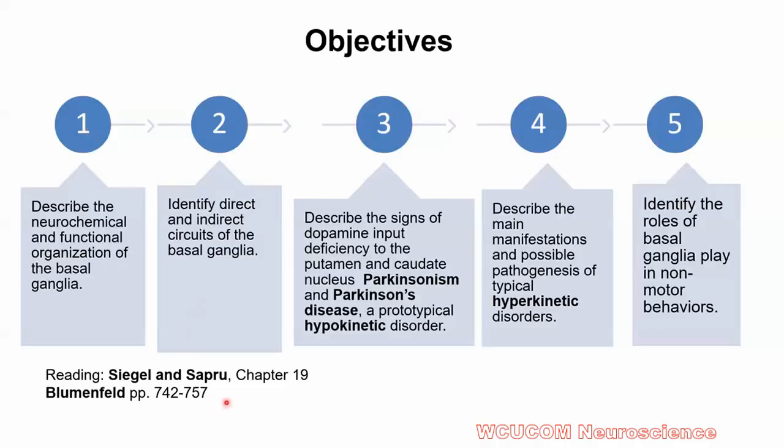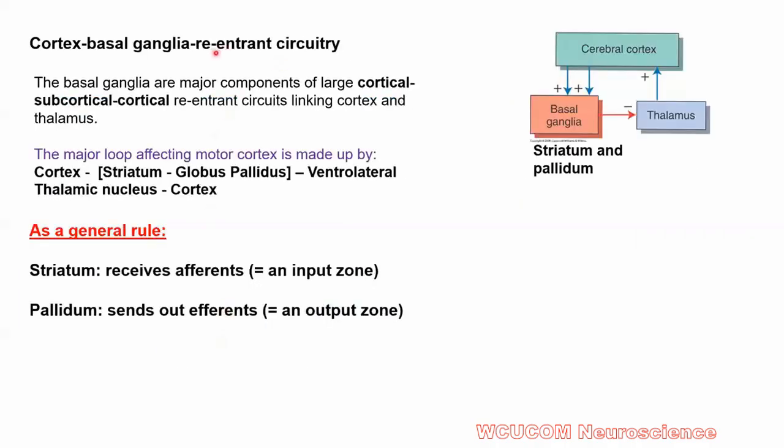Let us recall that there is a reentrant circuitry from cortex back to cortex involving basal ganglia and thalamus.